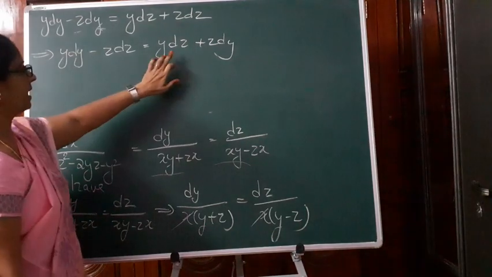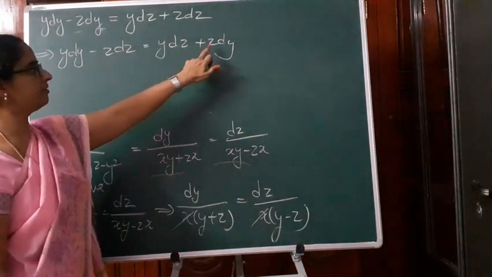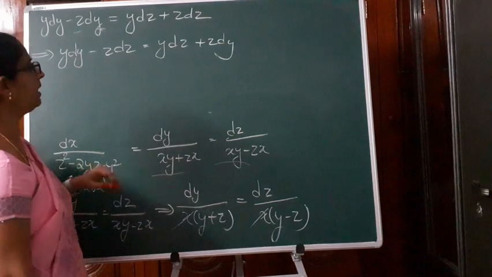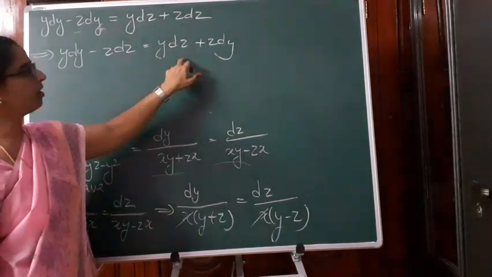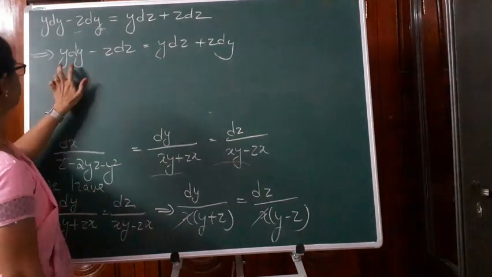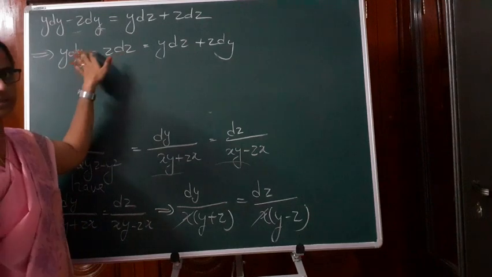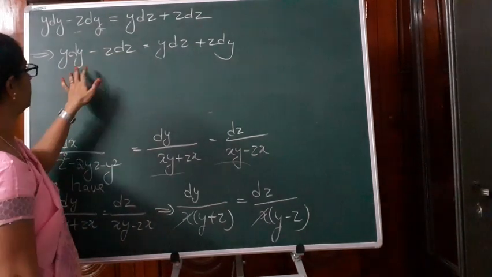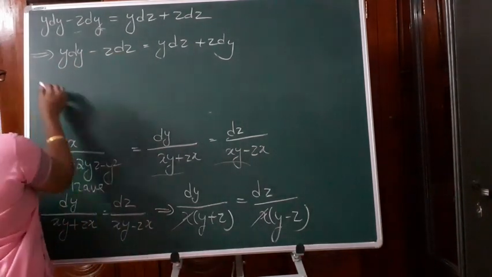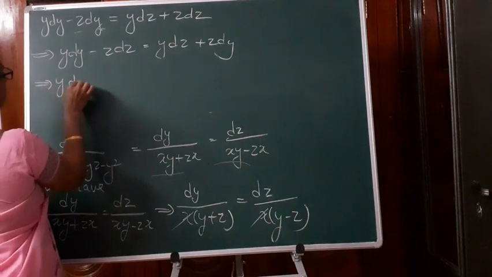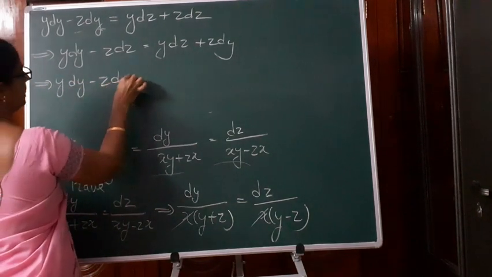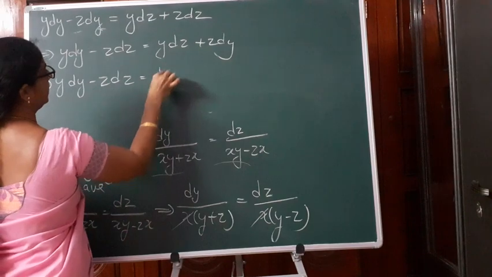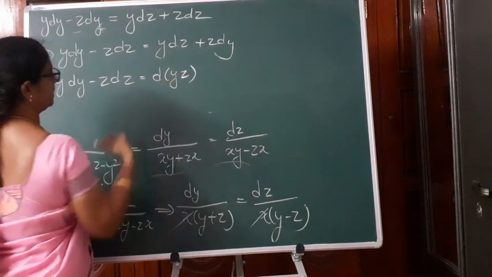Now if you observe the right hand side, it is y into derivative of z plus z into derivative of y, which can be written as derivative of yz. And in the left hand side we have y dy and z dz. There is no problem with those two terms. We can directly integrate there. So this can be written as y dy minus z dz is equal to d(yz).